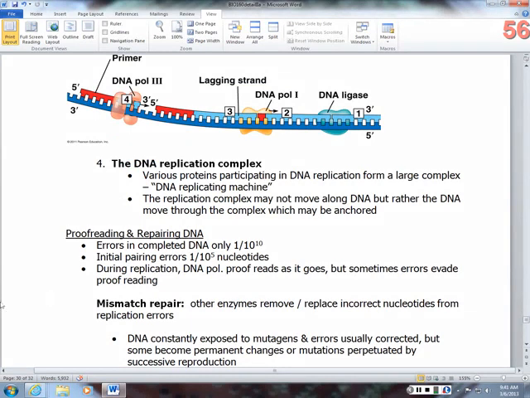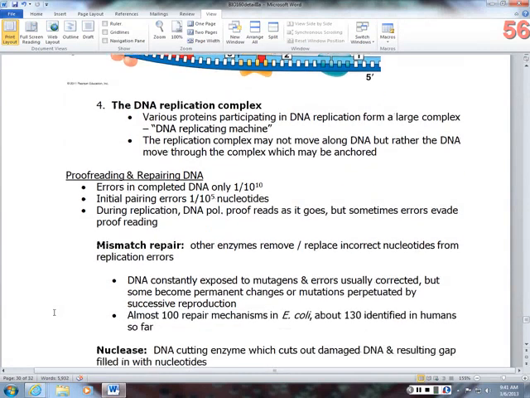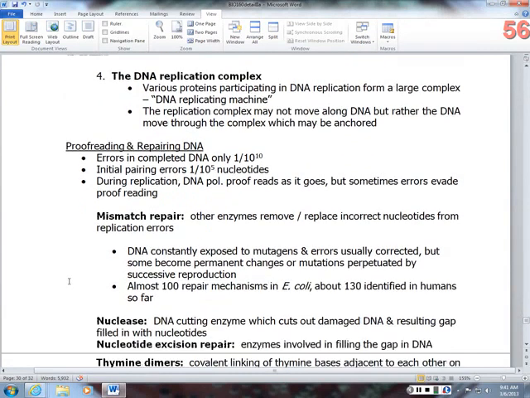Your initial pairing, though, you're going to have 1 in 10 to the 5th nucleotides will have an error in there. So we've got a lot of mechanisms in there that the DNA polymerase itself is going to proofread as it goes, but sometimes it misses things. So mismatch repair, you have other enzymes that come along as proofreaders in there, and they're going to replace some of the incorrect nucleotides in there.